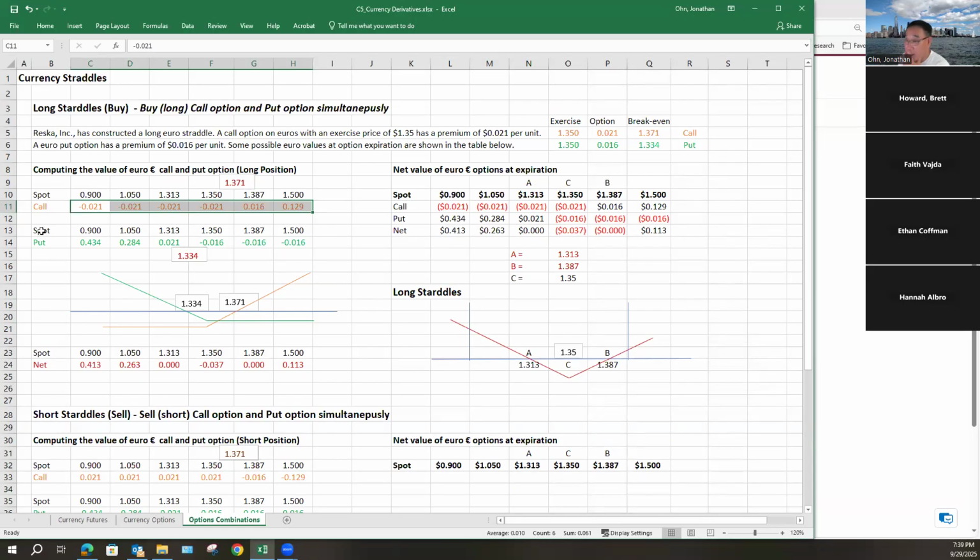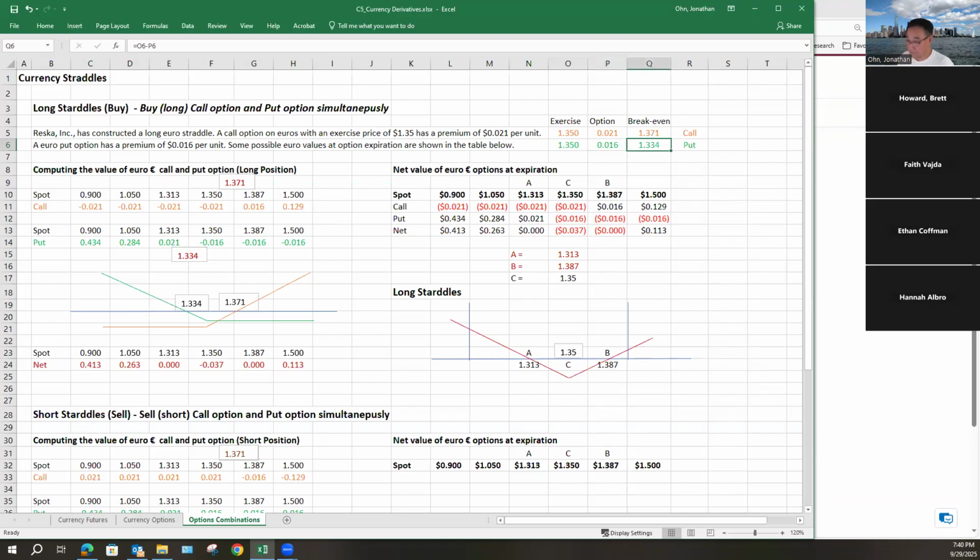Now, the put option. The put option premium is 0.016 and the exercise price is $1.35. So the break-even point is the exercise price minus the option price.